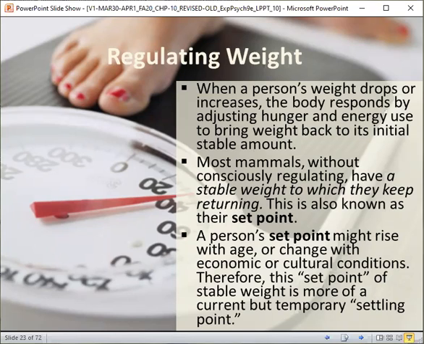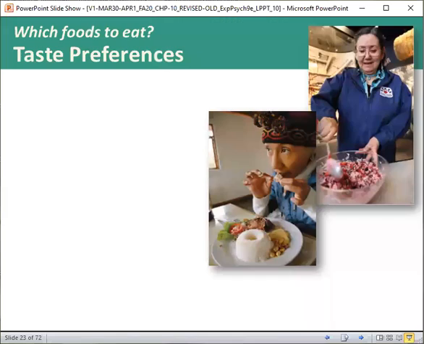Therefore, what it will do is this: it will send out signals that will enhance your appetite so you're hungry, and then it will slow down your metabolism so that it gets rid of fat cells much less efficiently. Sounds really cruel, doesn't it? But that's what happens. All right. So regulating weight can be a very difficult thing because of the set point and because of what the body does to try to maintain stability.